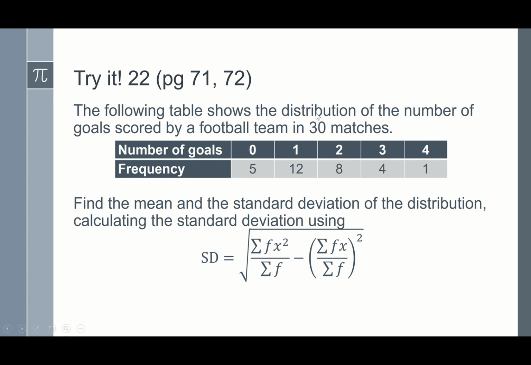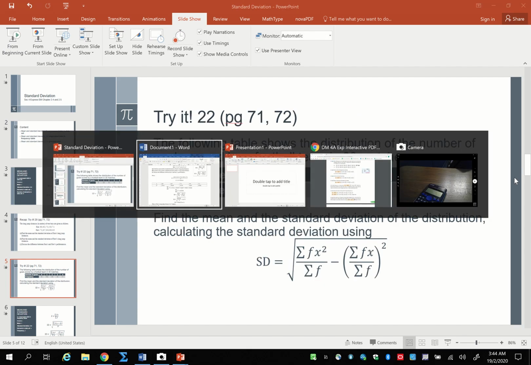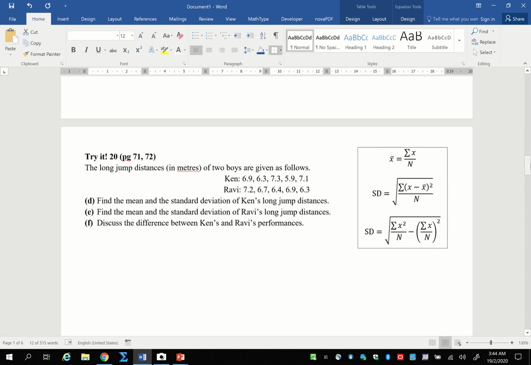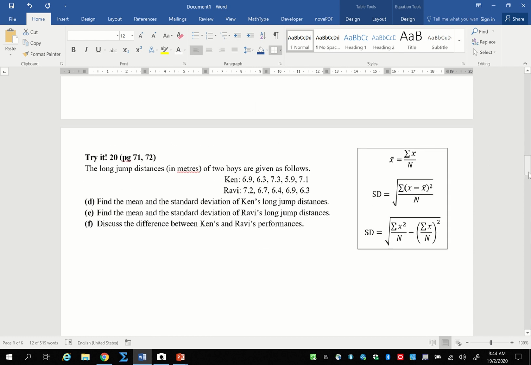The following table shows the distribution of the number of goals scored by a football team in 30 matches. So we have a frequency table here. Find the mean and standard deviation of the distribution. I'm going to ignore this part first, but let's look at this table. Before we can talk about the formula, perhaps it's best to understand what the frequency table actually means.